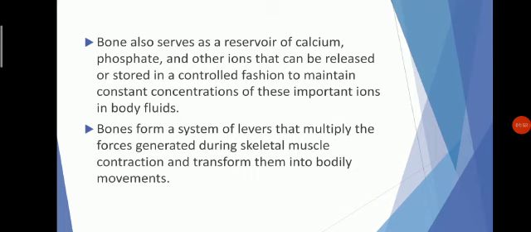Bones also serve as reservoirs of calcium, phosphate, and other ions that can be released or stored in a controlled fashion to maintain constant concentration of these important ions in body fluids. It forms a system of levers that multiply the forces generated during skeletal muscle contraction and transform them into bodily movements.